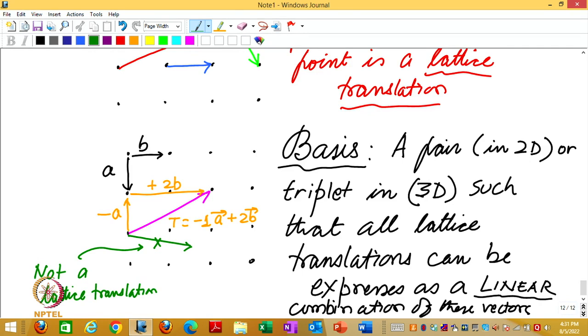But by the A vector, by the B vector, or by minus A plus 2B vector, I am going from a lattice point to a lattice point, and all lattice points are identical. So, I am going by a lattice translation, and I can expect that I am in an identical surrounding. Whatever is the scenery here, I should have the same scenery there. If it is not, then they are not lattice points and it is not a lattice translation.